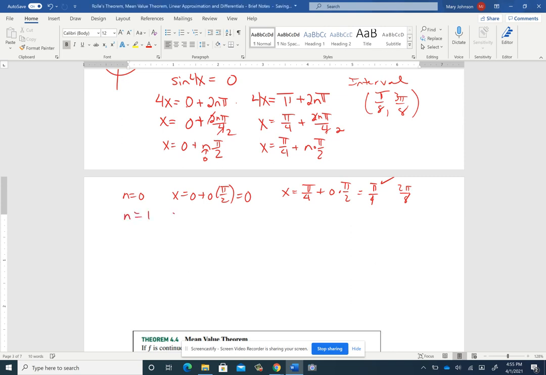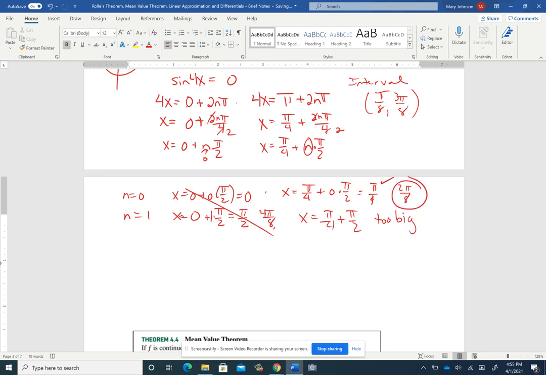We knew at least 1 exists, and then we have to maybe see if there's others. So let me let n equal 1 and see what would happen. Well, if I do 1 times pi over 2, I'm at pi over 2, and that's already bigger than 3 pi over 8. Pi over 2 is 4 pi over 8. So I don't have to go any further. I don't get anything from there because already I'm outside the interval. Okay, and then on this one, notice the same thing happens. When I put in a 1 up here, I'd get pi over 4 plus pi over 2, and then I'd be too big.